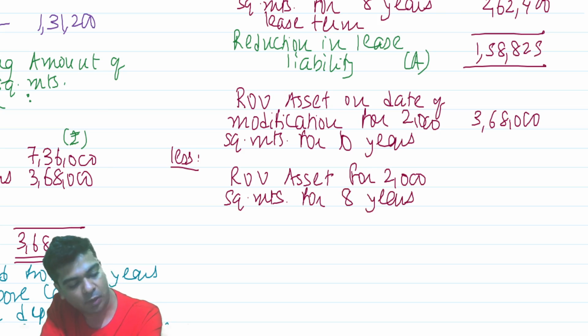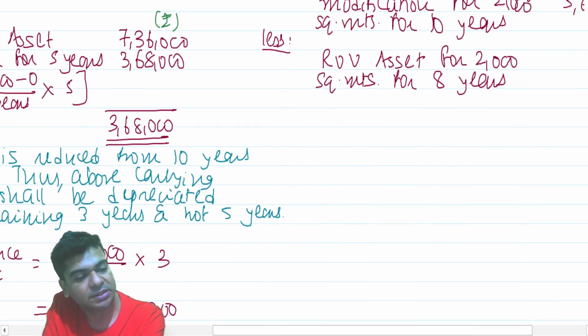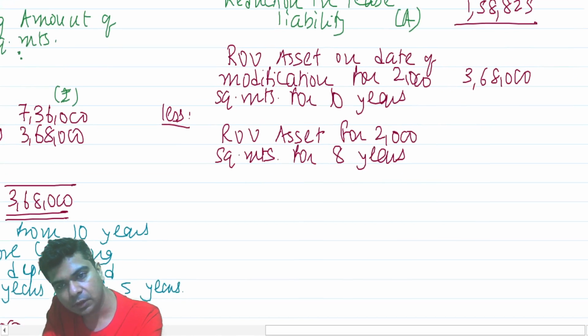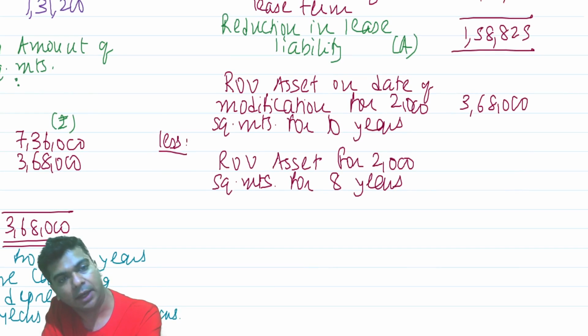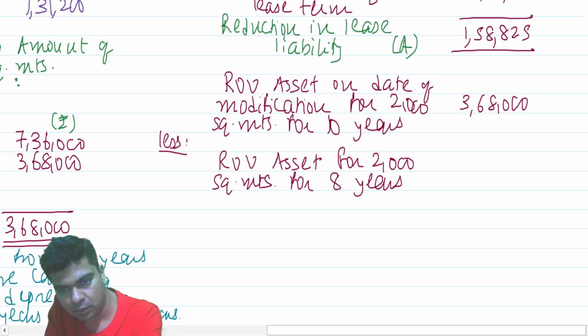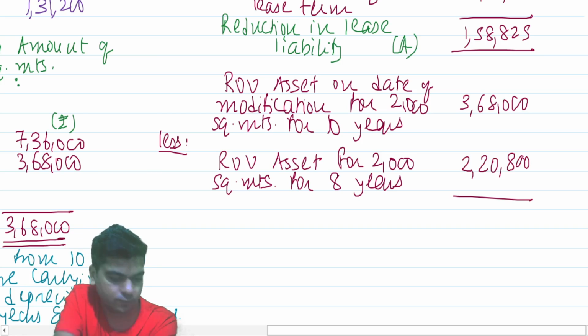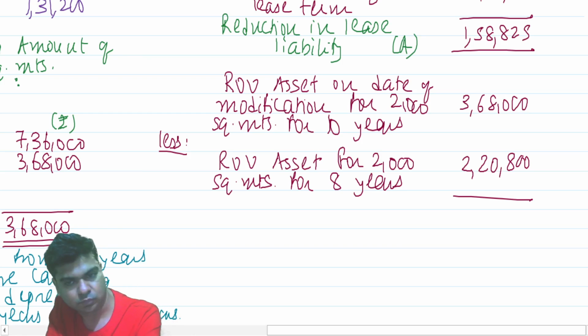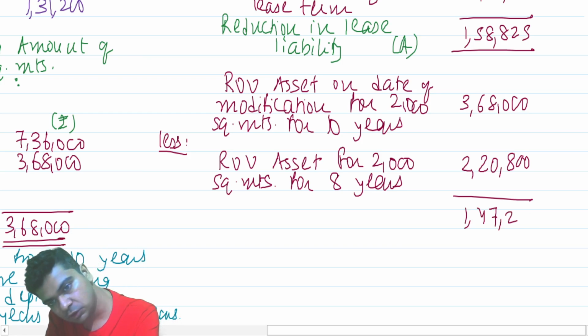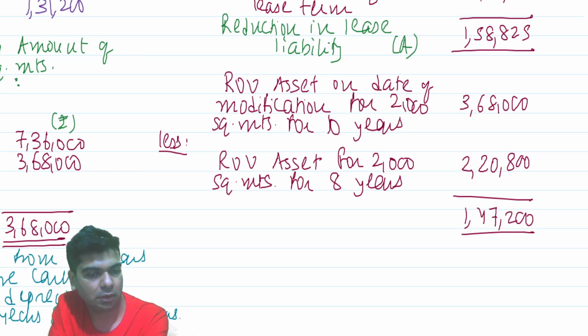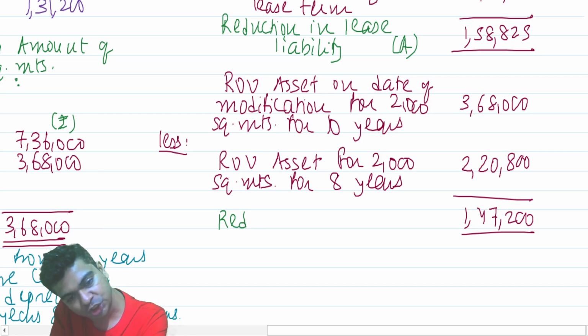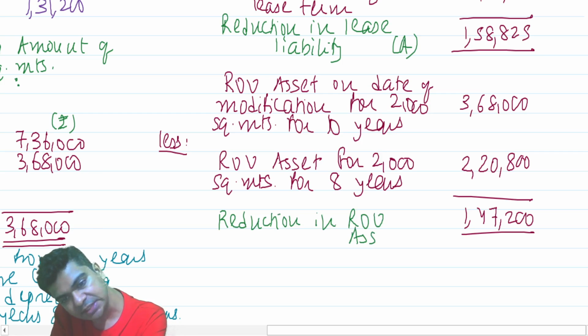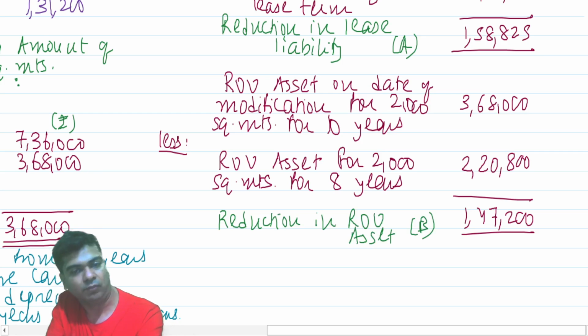We had calculated one revise, right? 220,800. You get 147,200. This is reduction in ROU asset. Let's call this as B.